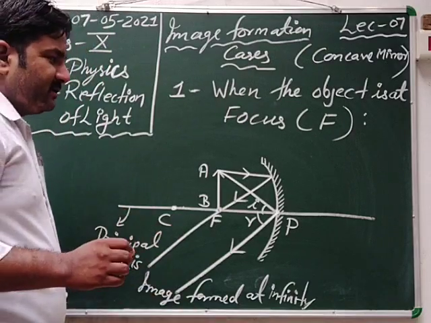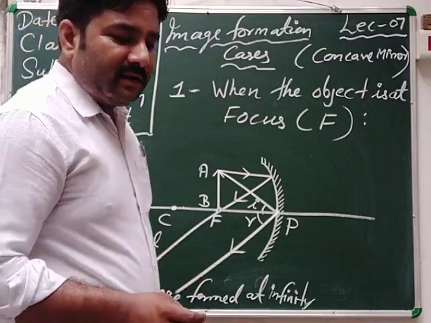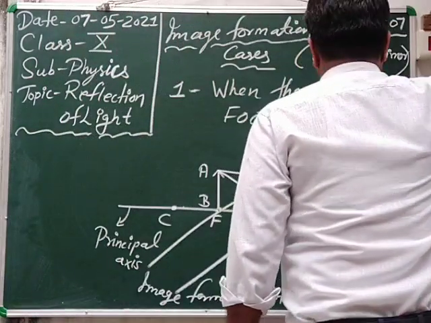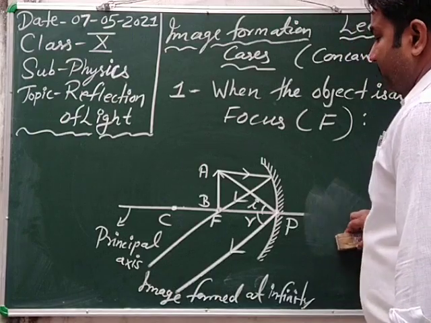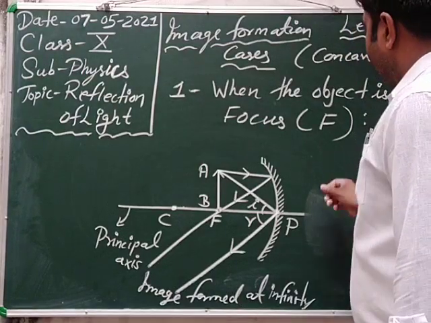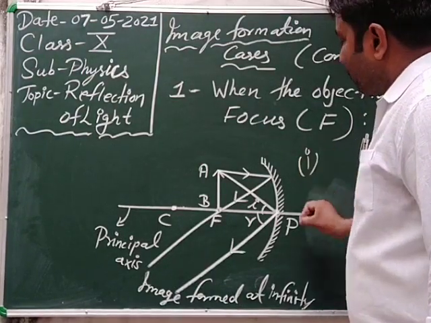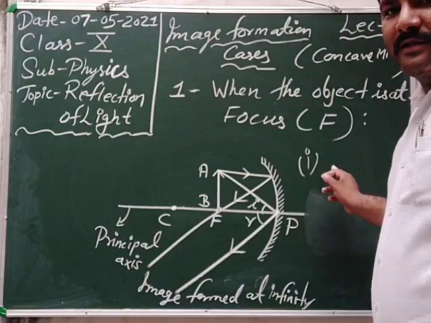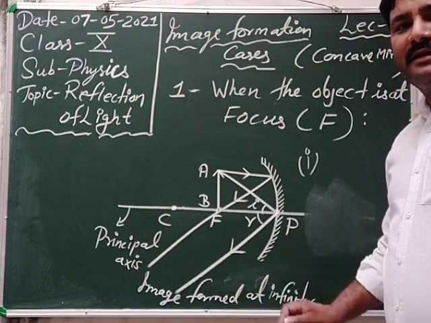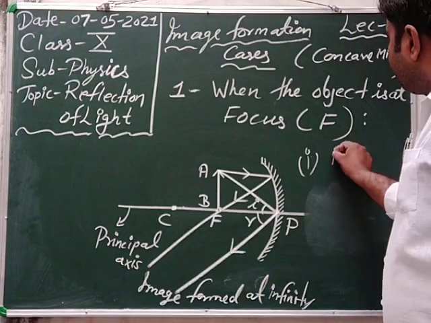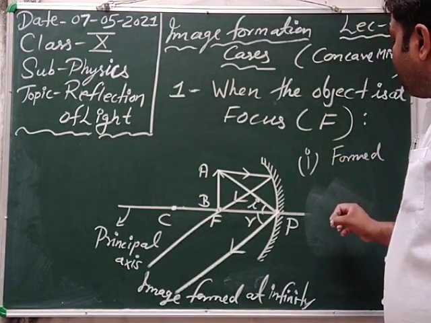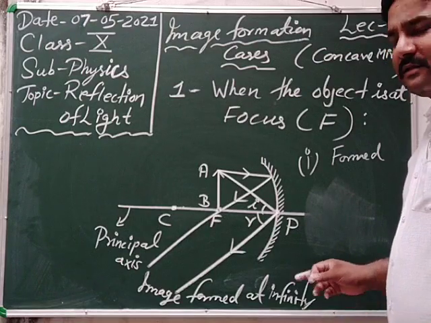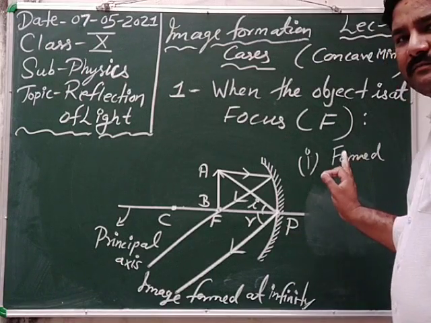The 3 points here that are important to write down. Just see, number first, that is the position of the image. The position where the image is formed: the image is formed at infinity. This is the condition of the image.